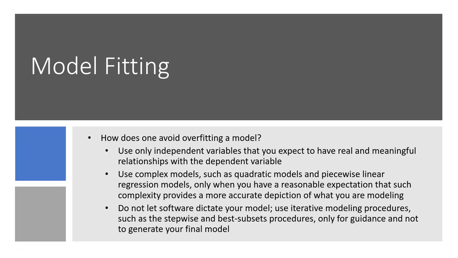Use your iterative modeling procedures such as stepwise, best subsets, and so forth, only for guidance to help you figure out what that final model is. But really, at the end of the day, it is your responsibility to make the interpretation. The computer is only going to do what you tell it to.